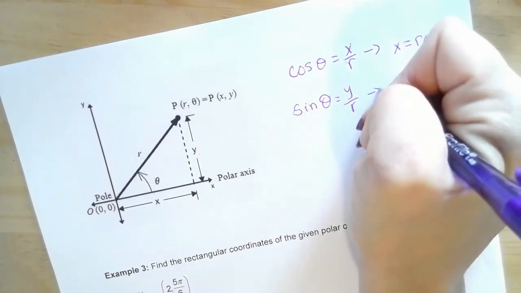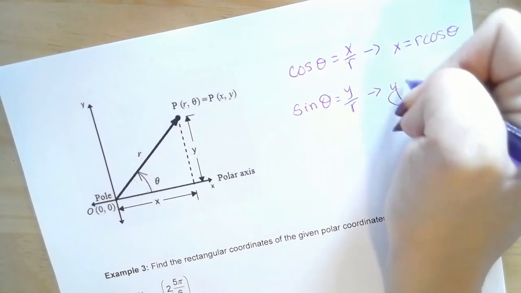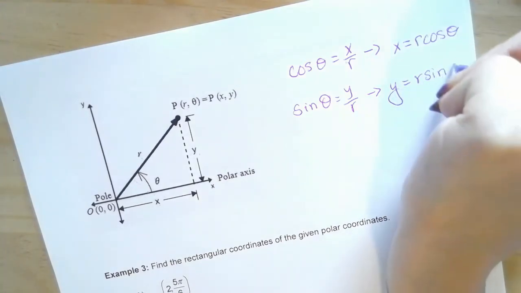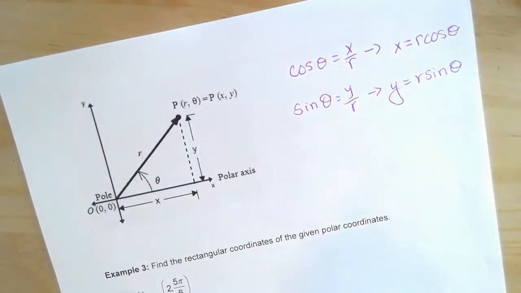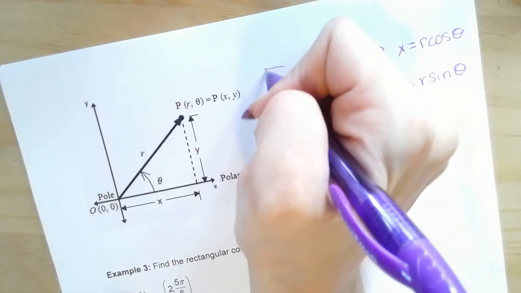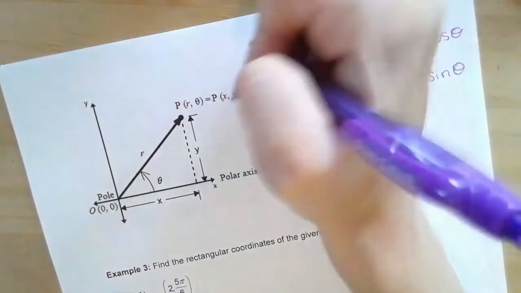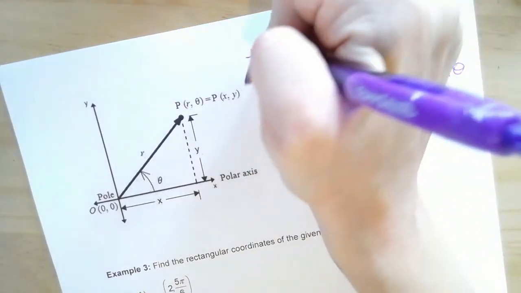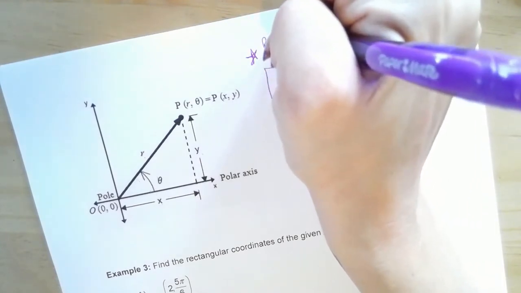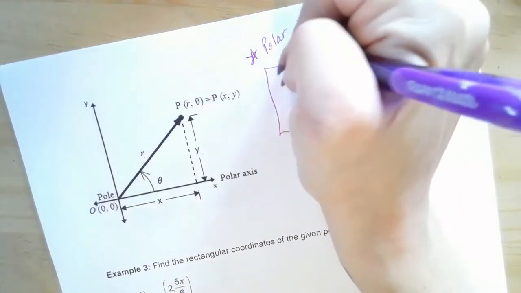So that allows us to know that to get y, we do r sine theta. So this allows us to go from polar to rectangular. So I would note that, guys. This is to convert polar to rectangular.